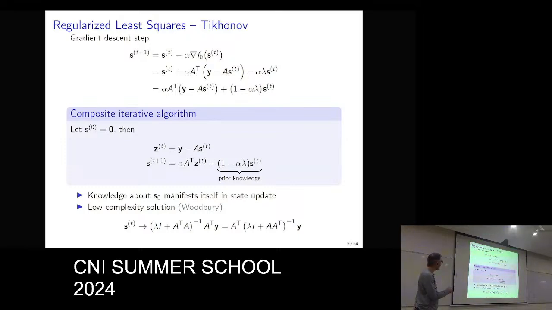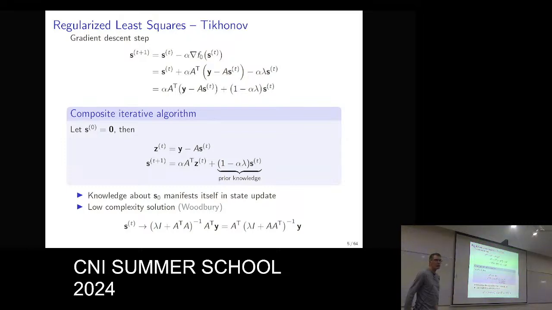Your next step in a gradient descent type of way will be your current point where you are as a state, and then you take a step in the direction of the gradient that gets you to the minimization of this objective. So in this case, we're going minus alpha times the gradient.